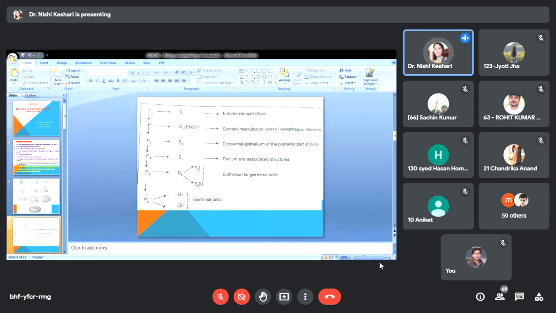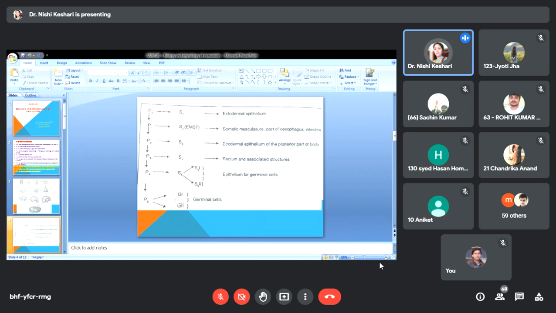This S2 is also called EMST. EMST means E for esophagus, M for mesenteron, and ST for stomodeum, which is part of the esophagus. So intestine, part of esophagus, and somatic musculature are all formed by this type of cells, S2.